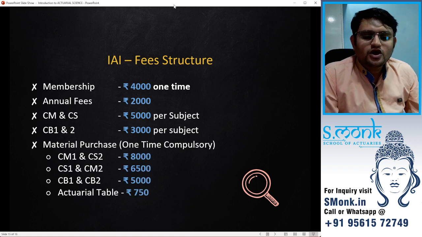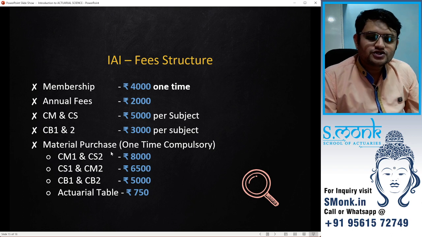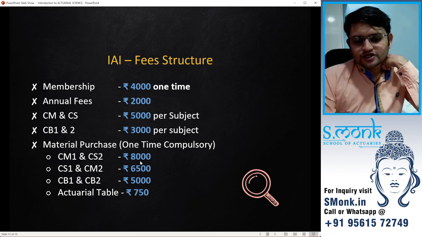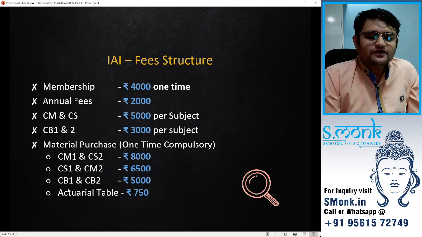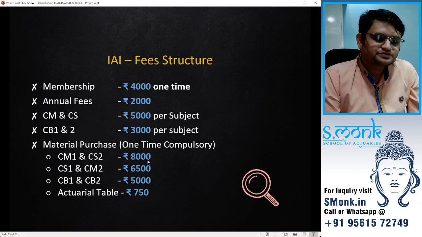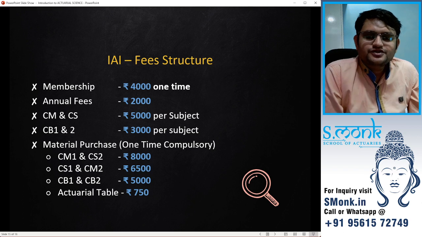So the material cost you should also count in the examination cost. So CM1 and CS2, it costs 8,000, CS1, CM2, 6,500, CB1 and 2, 5,000. So you might say that examination is costing 5,000 plus let's say 8,000. So around 13,000 per subject.